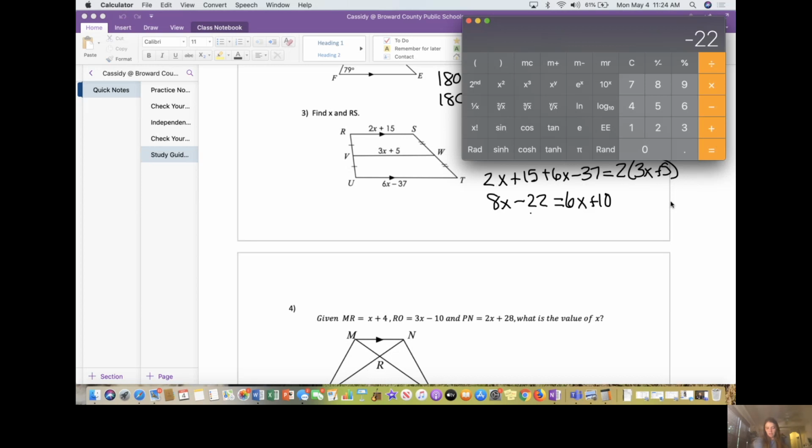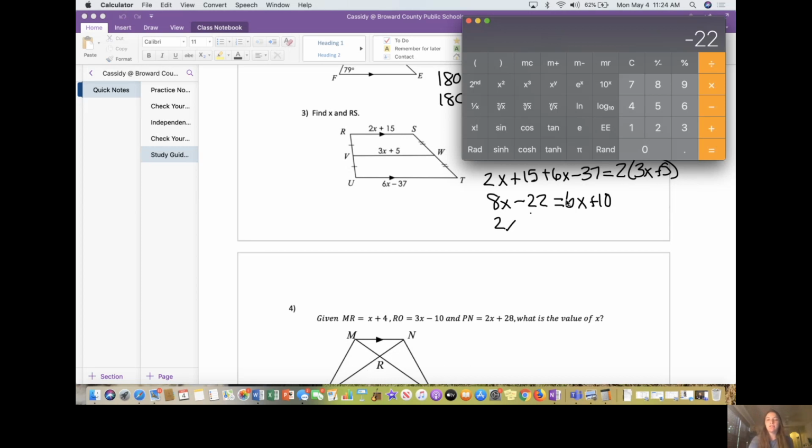All right, and lastly, all we need to do is combine like terms, so get the x by itself. So we can subtract 6x on both sides and add 22. When we subtract 6x on both sides, we get 2x. And then when we add 22 on both sides, we end up getting 32. Hopefully you got that. All we did was subtract 6x on both sides.